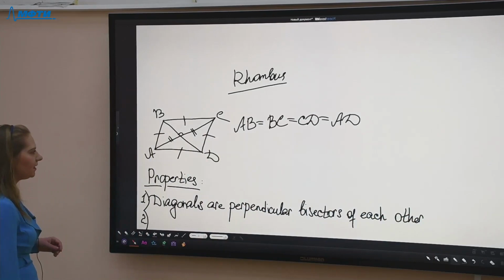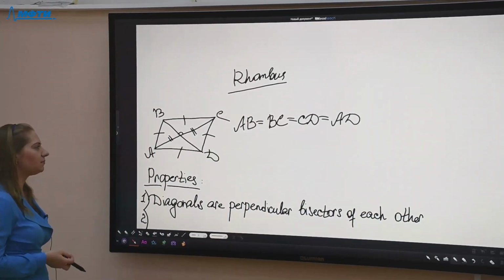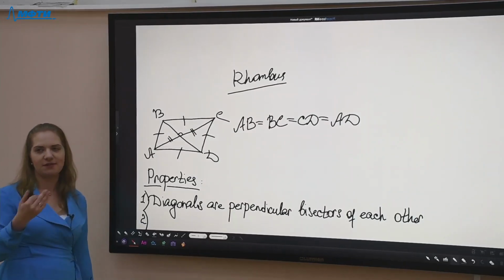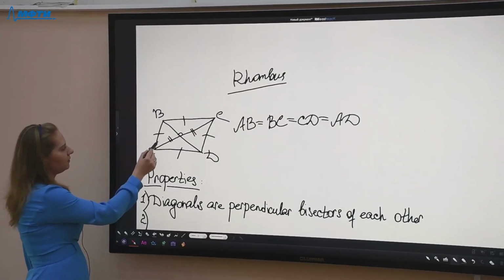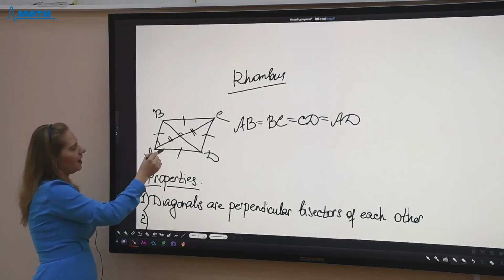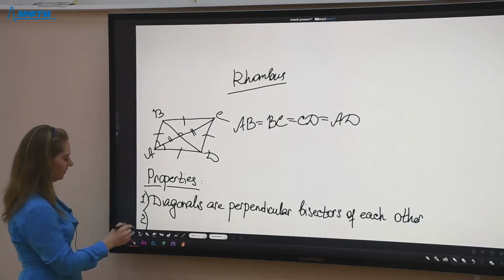And the second property is that if we take a diagonal, it occurs to be a bisector of the corresponding angle. So angle BAC and angle DAC are congruent.